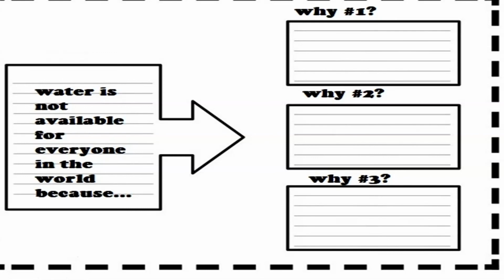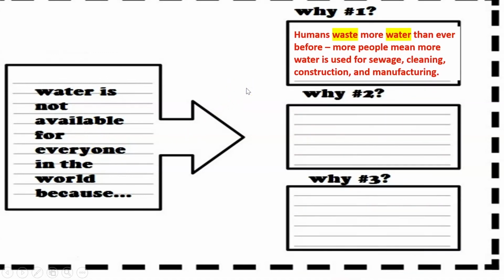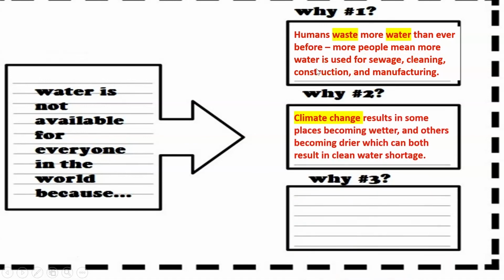Okay, so we have read the informational text, and now we want to list 3 reasons why clean water is not available for everyone in the world. So, first paragraph, we learned that humans waste more water than ever before. More people mean more water is used for sewage, cleaning, construction, and manufacturing.